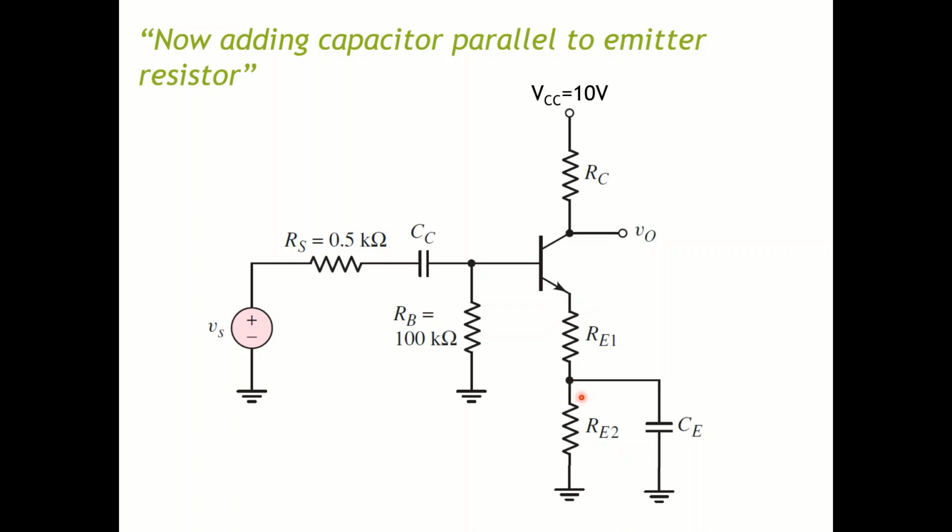Then effectively, you only have RE1 remaining in your system. This is why this is called an emitter bypass capacitor, because you use it to bypass a large portion of your emitter resistor.